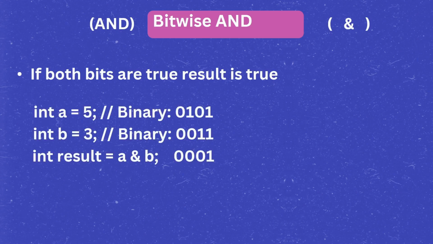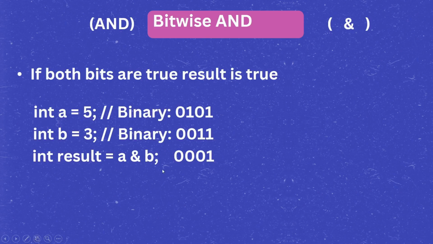So int a equal to 5 and int b equal to 3. I said that bitwise operator operates on the binary bits, right? So the binary representation of 5 is 0 1 0 1, and the binary representation of 3 is 0 0 1 1, and the condition is that if both the bits are true, the result is true.